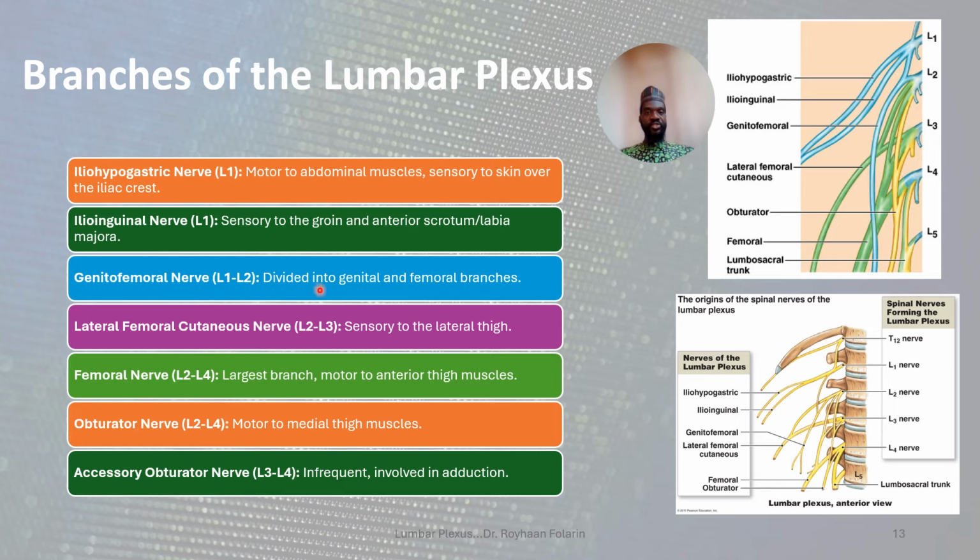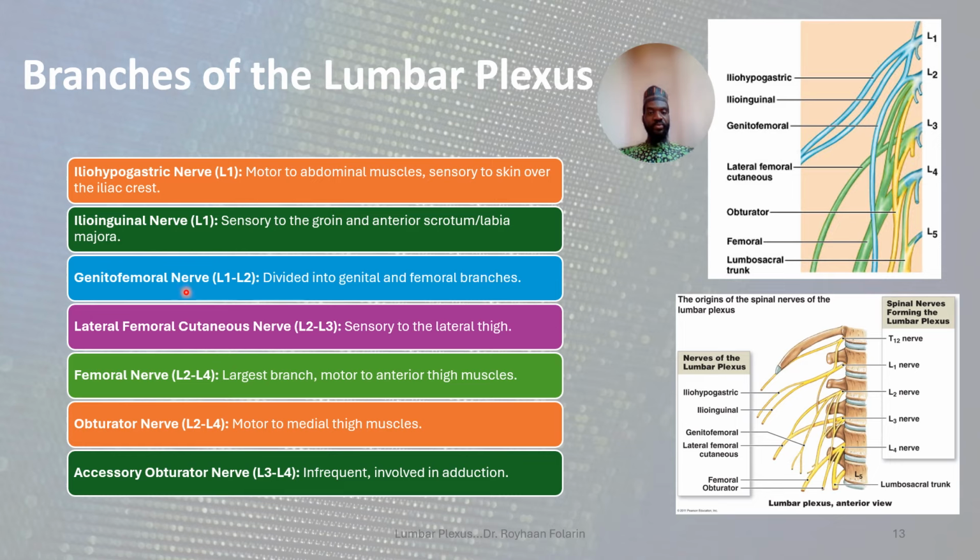Okay. Next, the genitofemoral. This nerve has two branches: the genital branch, which supplies the cremaster muscle in males, and then the femoral branch, which is sensory to the skin. So it picks up sensory impulses and relays that back to the central nervous system.